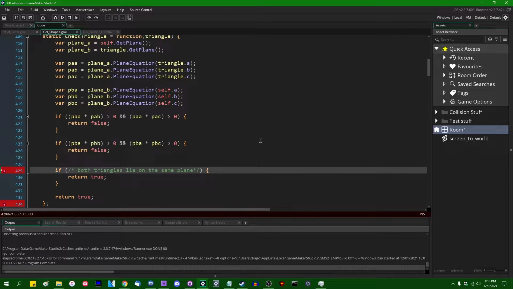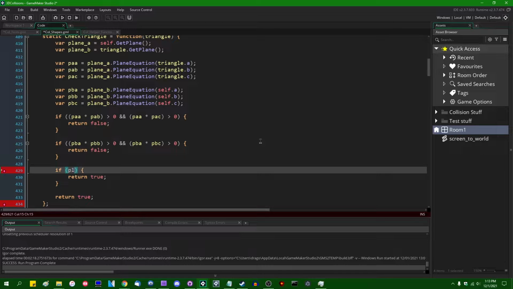Figuring out if both triangles lie on the same plane, you can do this the long way. You can say PAA equals 0 and PAB equals 0 and so on and so forth. You could also just compare the planes. You could see if the 2 planes of the 2 triangles are the same.